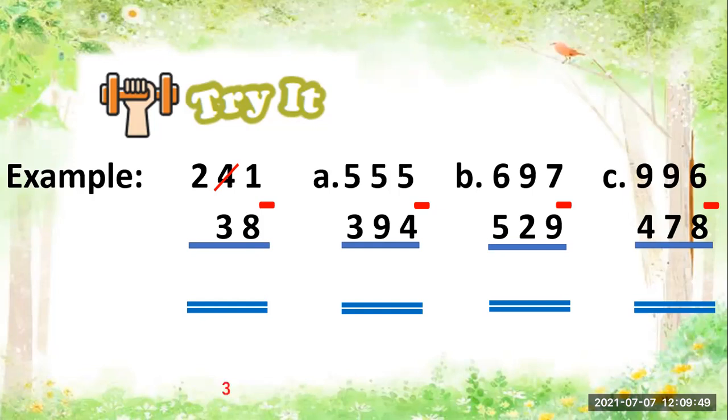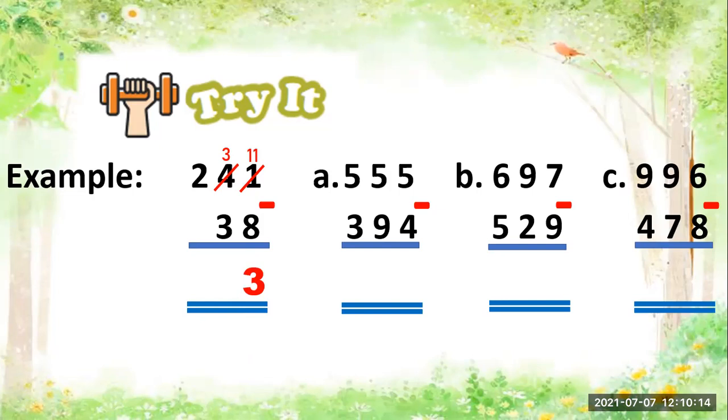It will become 3 tens, and we will put it there in the ones place. So 1 will become 11 ones. So now we can subtract 8 from 11 because 11 is greater than 8. So 11 minus 8 is equal to 3.